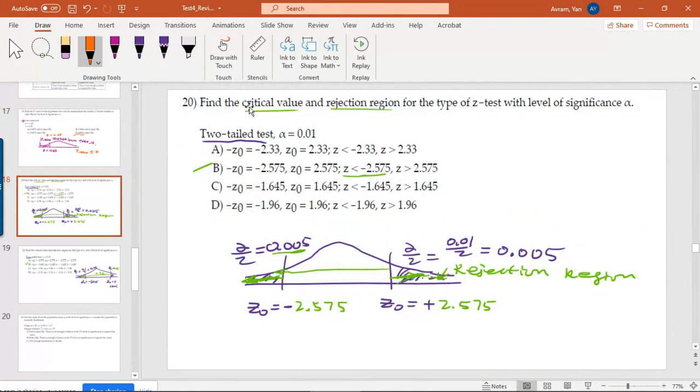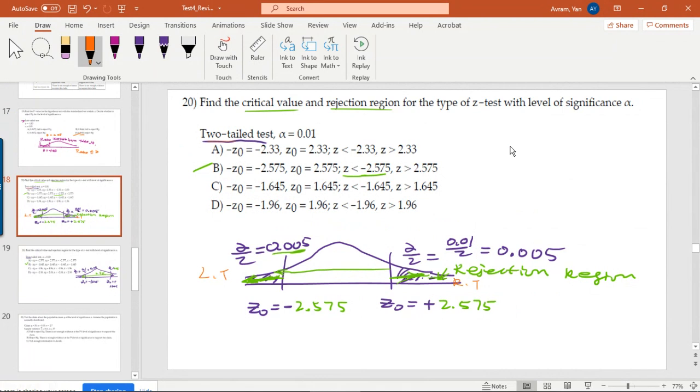All right, number 20, find the critical value and the rejection region. This one actually is reading the critical value. So this is telling you it is a two-tail test. So two-tail test, that means I will have a left tail, I will also have a right tail.